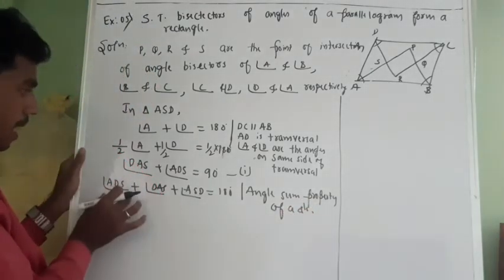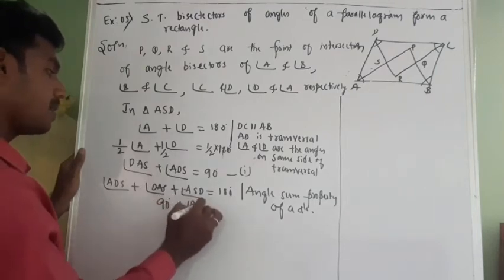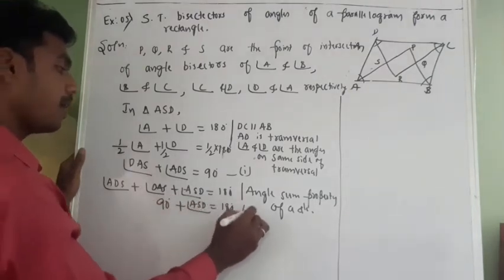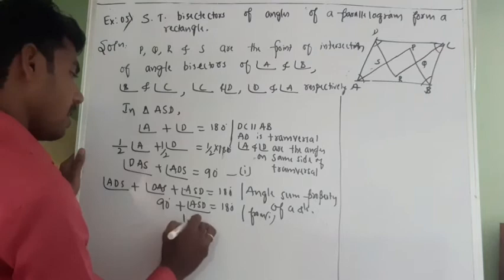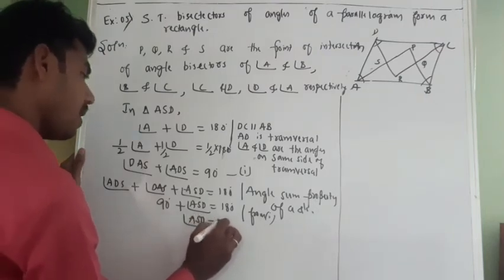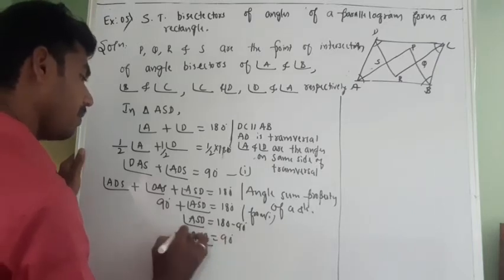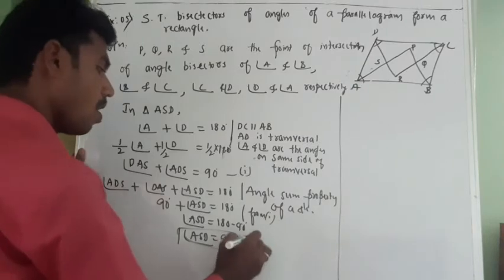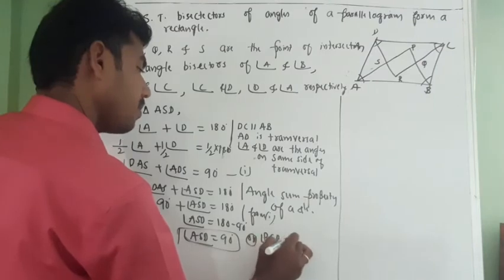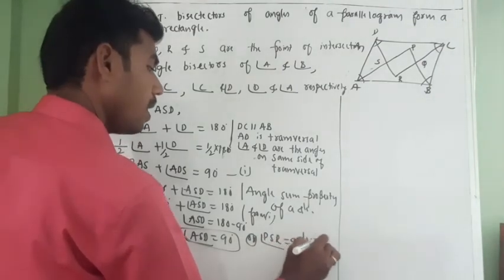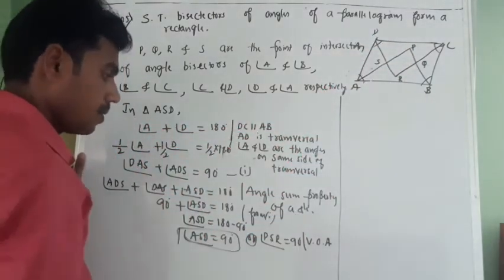Now ADS plus DAS is equal to 90 degrees, from equation 1, plus angle ASD is equal to 180 degrees. So angle ASD is equal to 180 minus 90, which is 90 degrees. Angle PSR is also equal to 90 degrees because they are vertically opposite angles. ASD is equal to PSR, so that is equal to 90 degrees.